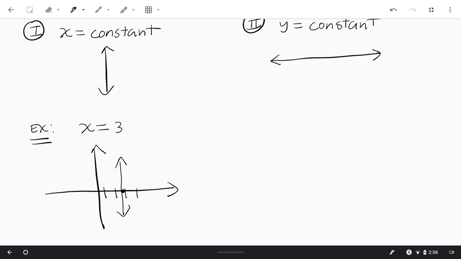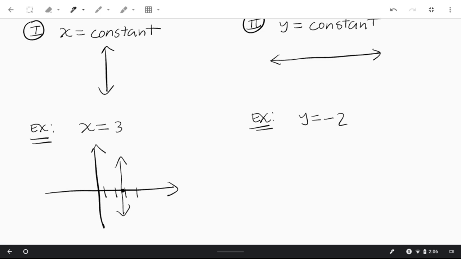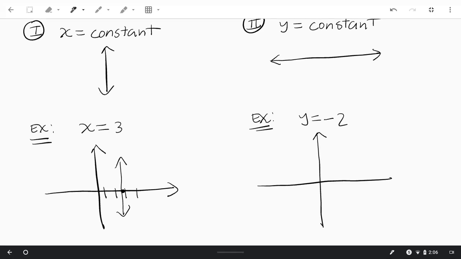Same thing if you just have the y and no x. So maybe you have y equals -2. That means your y's are not changing, so all the y values of all the points are at -2.